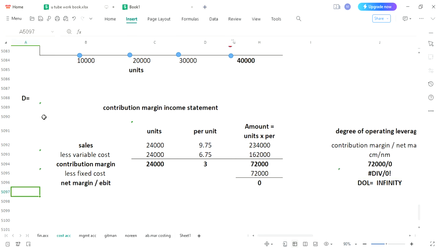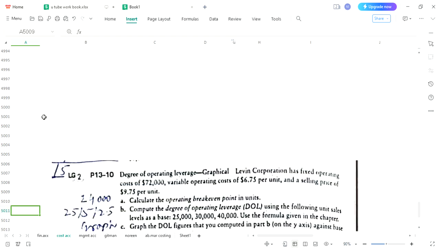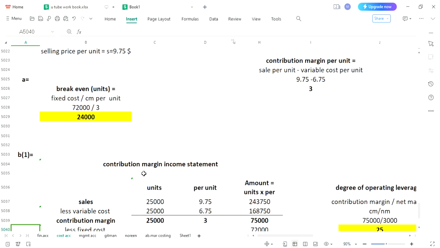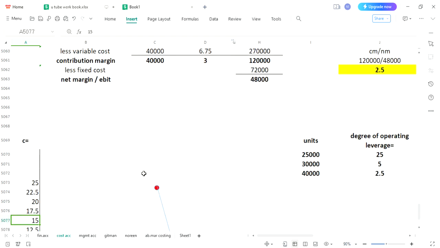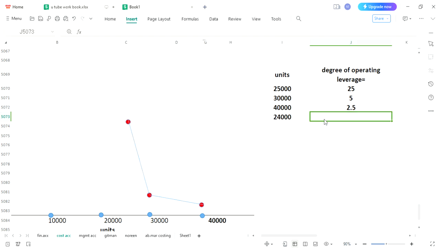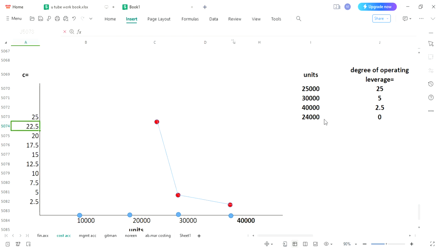Part D has been solved, but in part D another discussion was made: add this point to your graph. Where we have made the graph over here, the next point we are going to put is 24,000 units, where the degree of operating leverage was infinity or 0. So come over here and add 24,000.